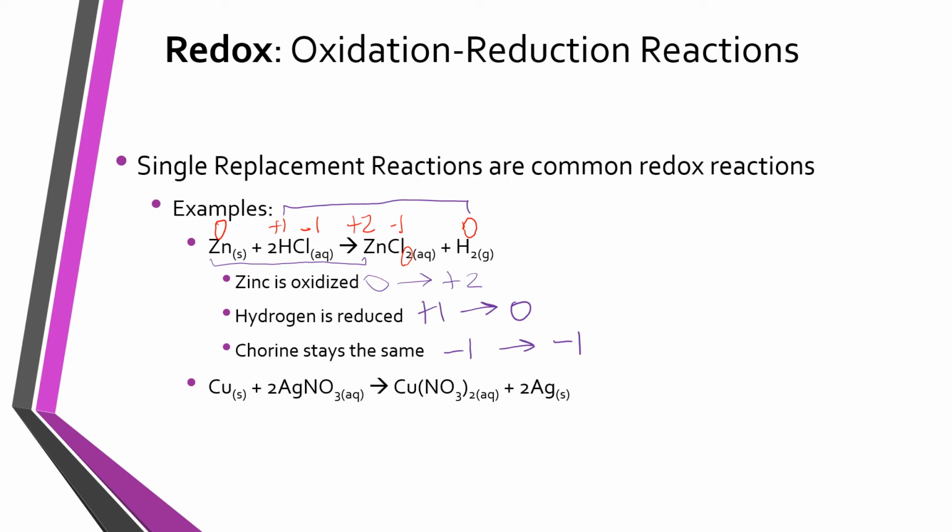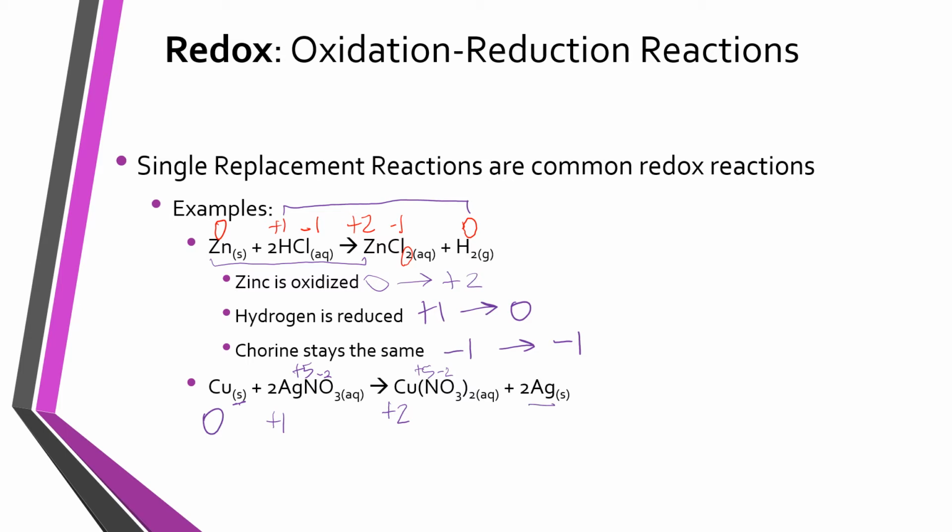So another practice: copper, normal elemental state, oxidation number of 0. This is ionic, so it's just the charge, so silver is +1. Nitrate has to add up to -1, so oxygen is -2 times 3 is -6. We need a total of -1, so the nitrogen is +5. On the product side, copper is now with 2 nitrates, so it has to be +2. Nitrate itself still has a -1 overall charge, so the oxygen is going to be -2 times 3 is -6, so nitrogen then has to be +5.